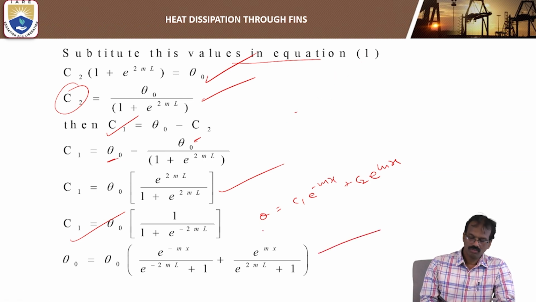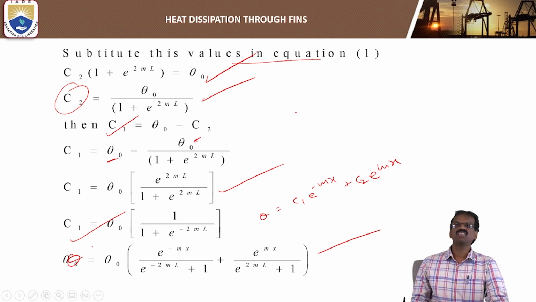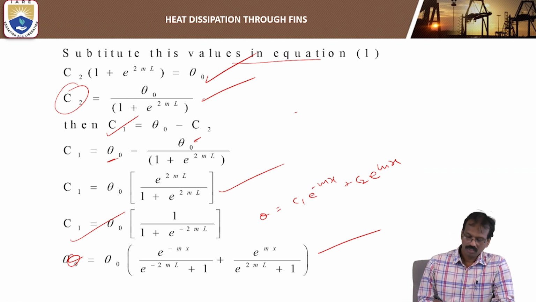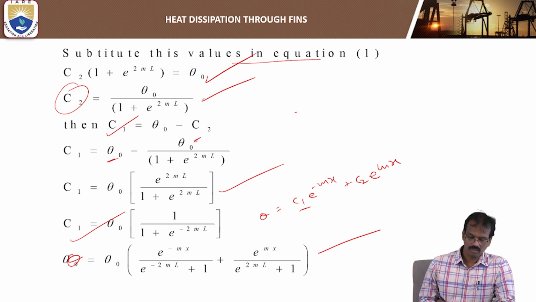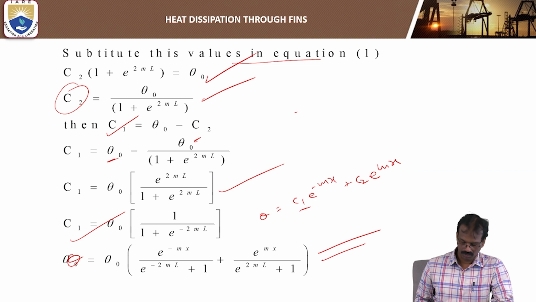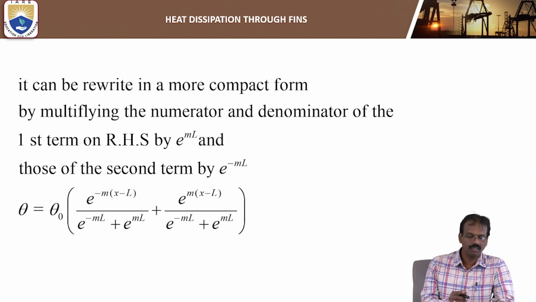So theta is equal to theta naught into, in the place of C1 you can write theta naught into e to the power of 2ml by 1 plus e to the power of 2ml. Okay. So here we will get this equation. Then we can simplify this one.